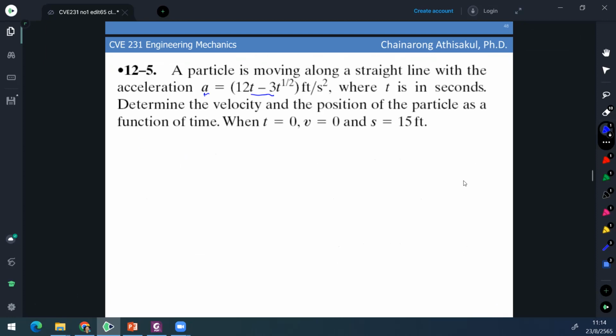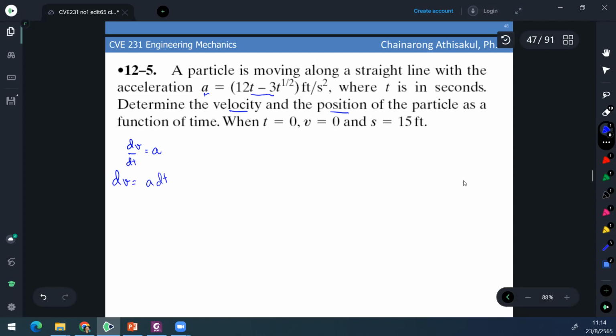Time is in seconds, and we would like to find velocity and position. So we start by knowing the kinematic equation dv by dt equal to a, right? So dv equals a dt.